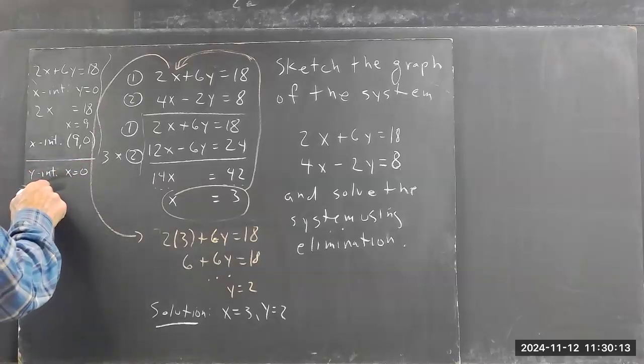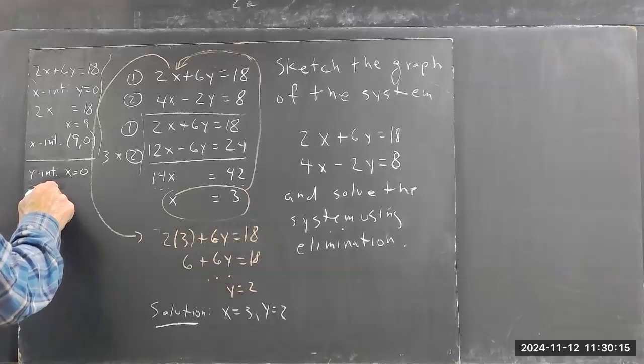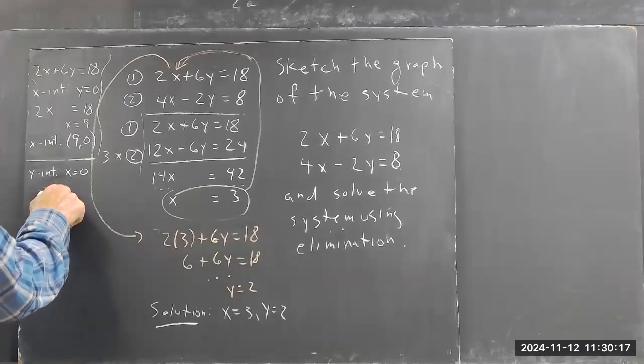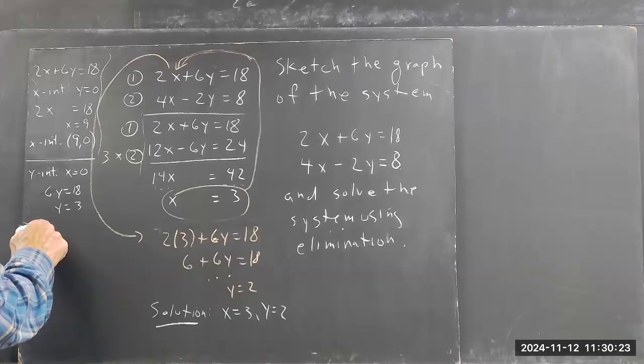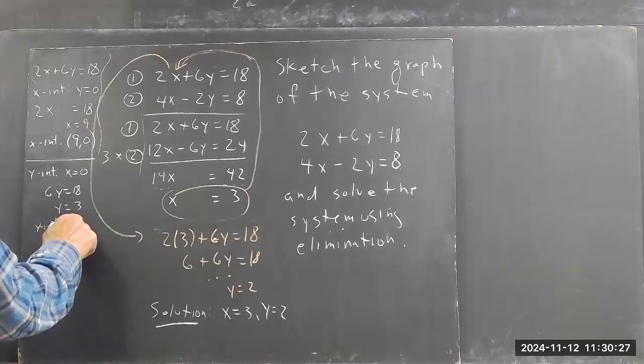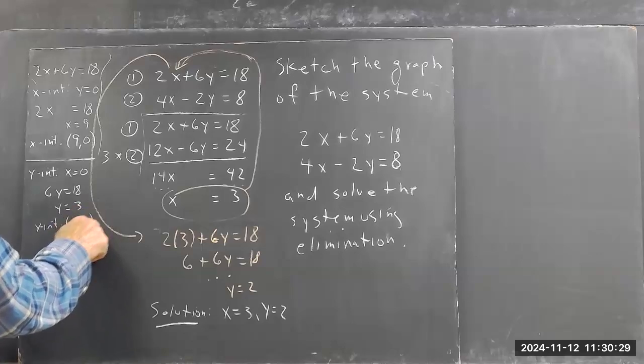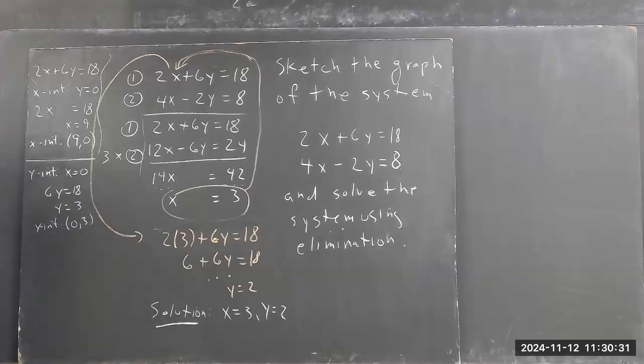So we've got 6y equals 18, y equals 3. The y-intercept would be 0, 3.